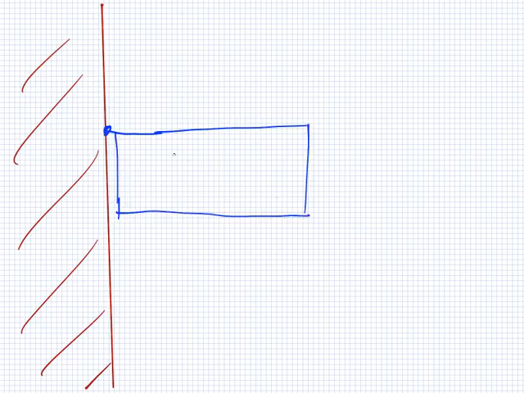So, we have the wall here. And we have our sign. And how wide is the sign? 20. 40 by 20. Getting closer. 40, and here 20.